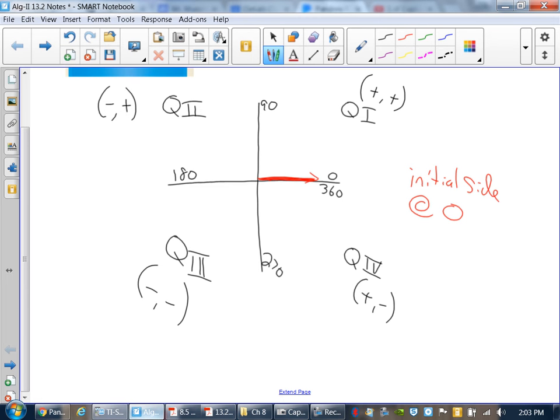Okay. So what happens is, let's say I have an angle that is 110 degrees. How I would draw that is I place one ray at 0, and I move it up. Well, 110 degrees is past 90, and it comes around like this at 110. And this side is called the terminal side.